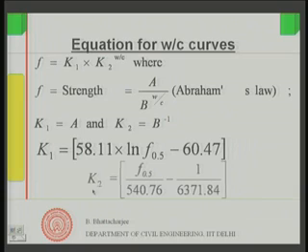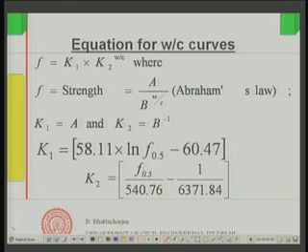f equals k1 into k2 to the power w by c, where k1 is given like this and k2 is given like this. Now, this k1 is related to f 0.5, that is, the strength at 0.5 water cement ratio.